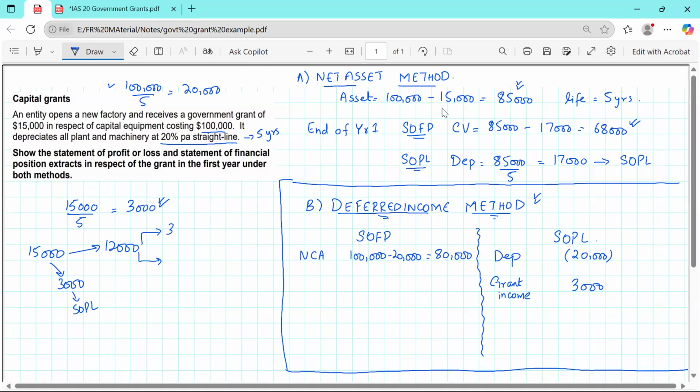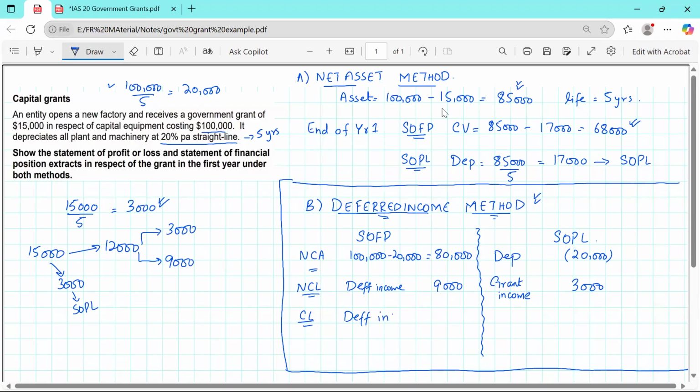And how much is going to be left at the end of the first year? 9,000. So it means that in the SOFP, in the non-current liability section, you are going to record the deferred income of 9,000, and in current liability, you are going to record the deferred income of 3,000.